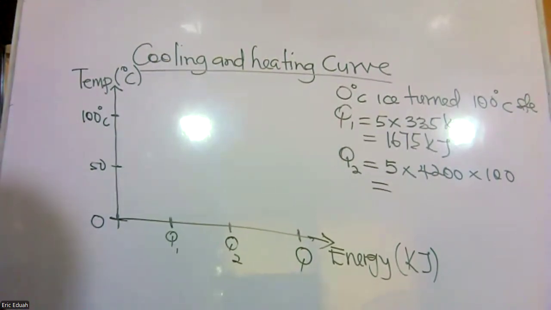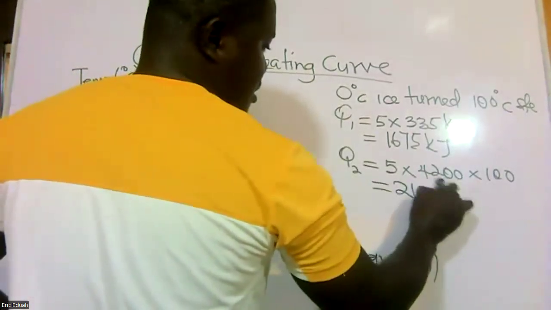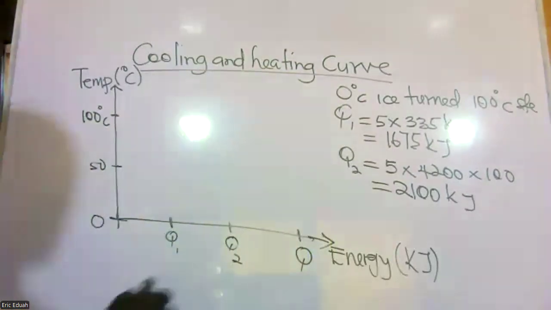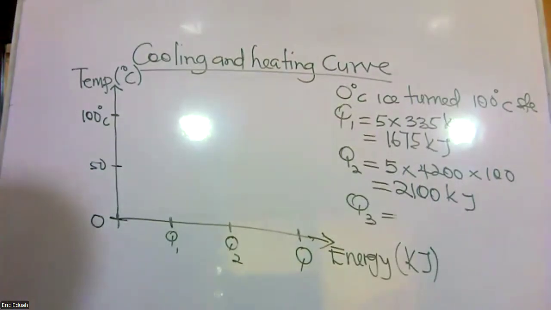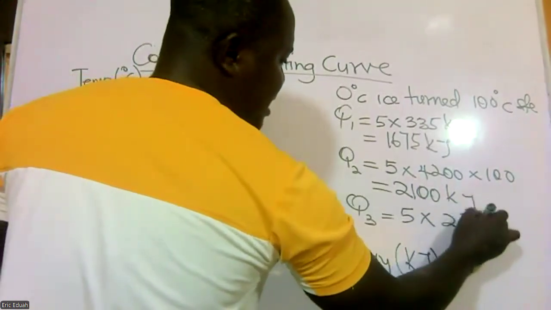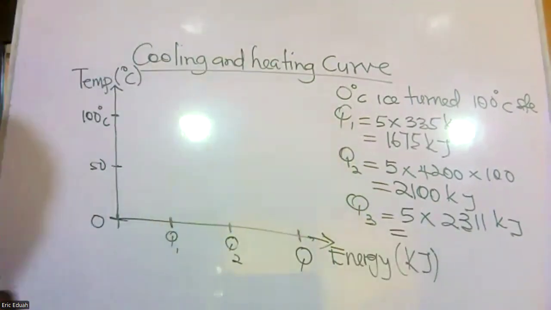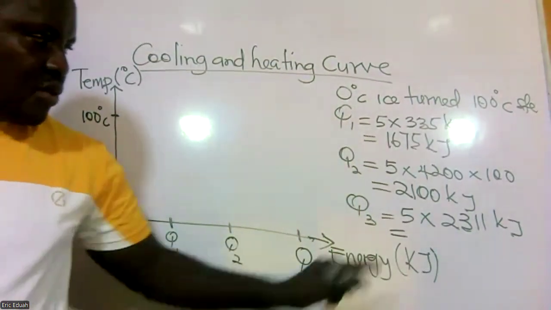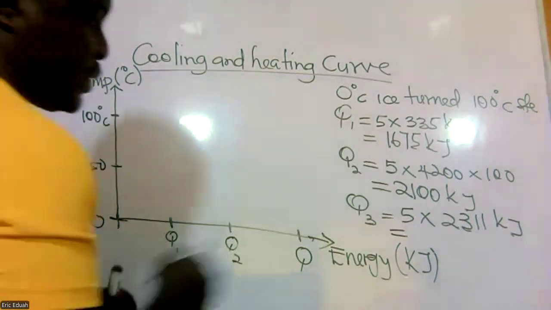Okay, so I think this gave us 2100 kilojoules. And then the third stage, latent heat of vaporization. So 5 times 2,311 kilojoules. And what is this product? 2311 by 5 also gave us 11,555.